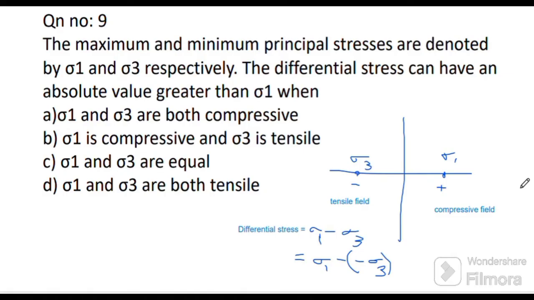For the differential stress to be greater than sigma 1, sigma 1 should be compressive in nature and sigma 3 should be tensile in nature, so that sigma 1 is positive and sigma 3 is negative. And when we subtract sigma 3 from sigma 1, we get sigma 1 plus sigma 3 in magnitude, which is the differential stress and which is greater than sigma 1. So the option will be B, sigma 1 is compressive and sigma 3 is tensile.